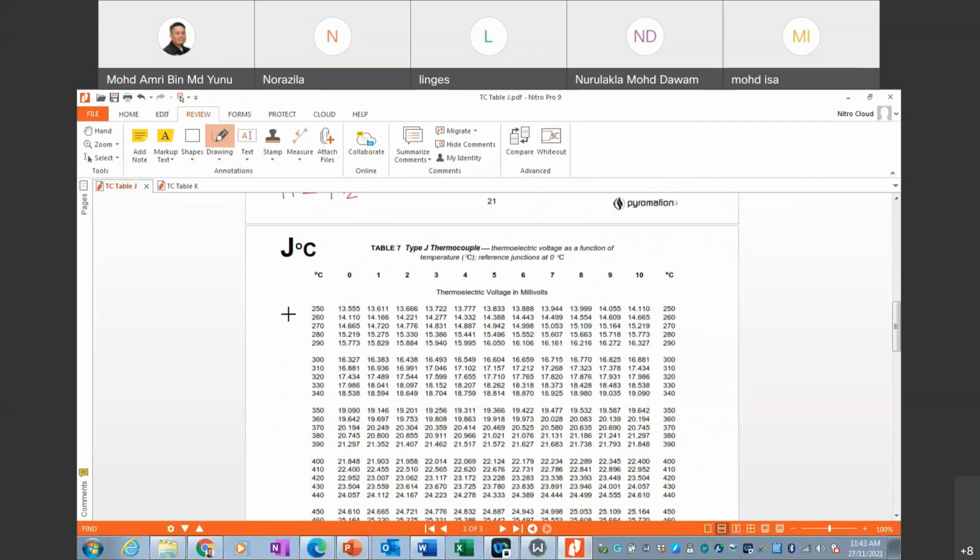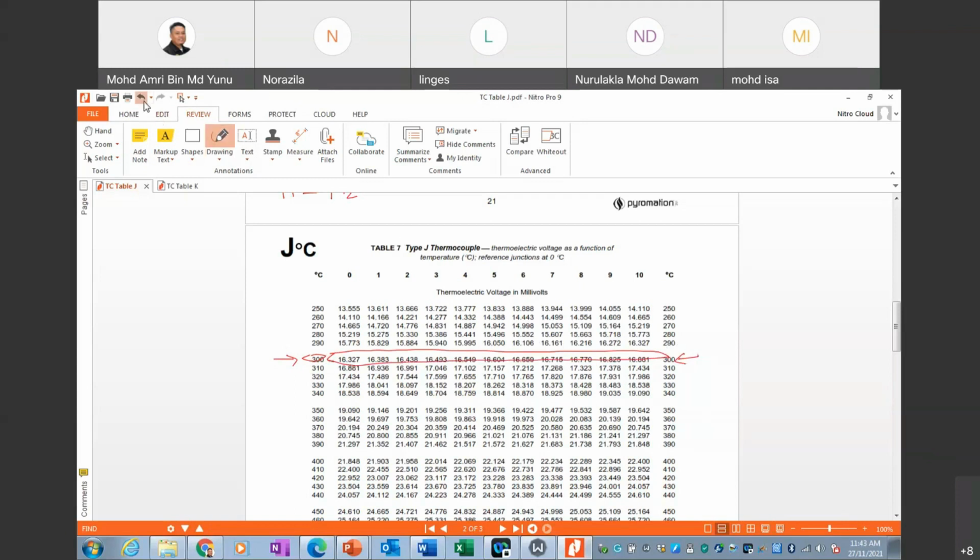Look at the first column. I need to take 300 and 400. So 300 here is the first line. The value will be somewhere here.